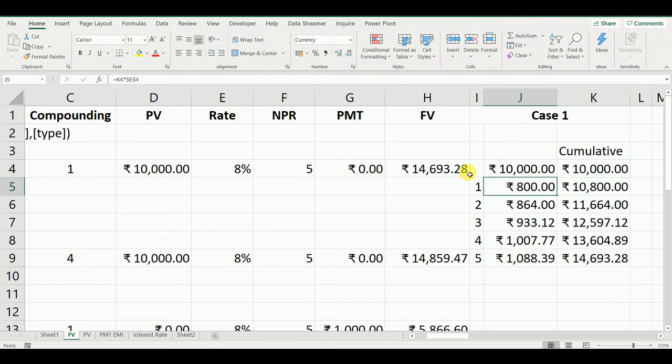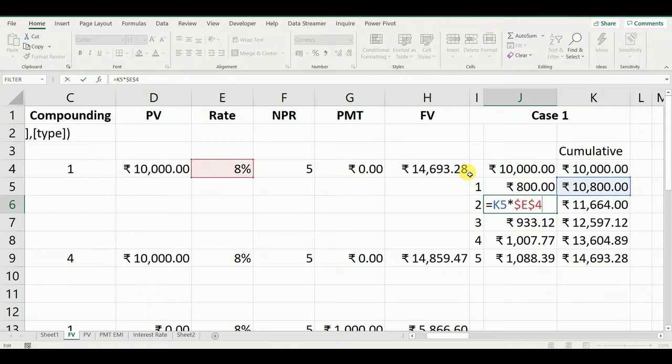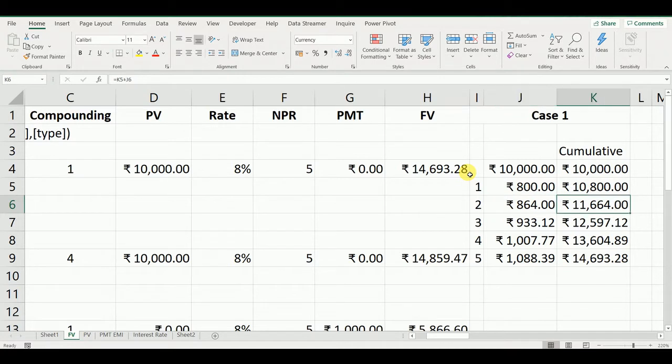So in the second year, we will get the interest on this 10,800 at the rate of 8%. So after the second year, our principal will become 11,664. So similarly, after 5 years, we will get 14,693, which is equal to this amount which we have got through our FV formula.